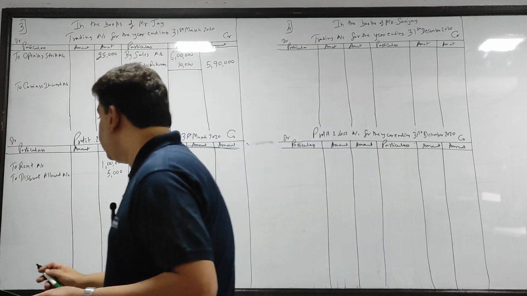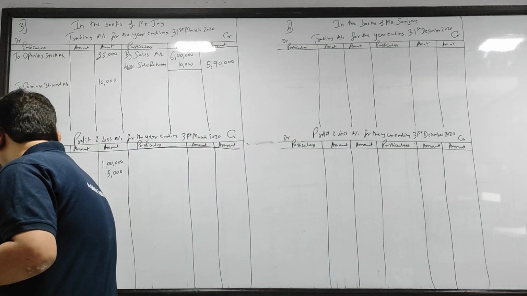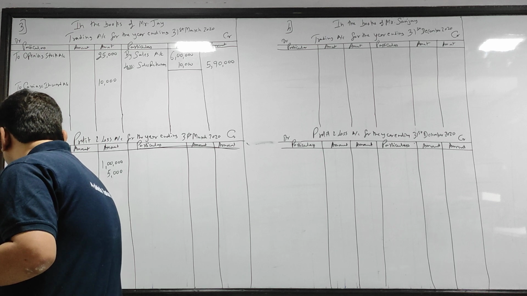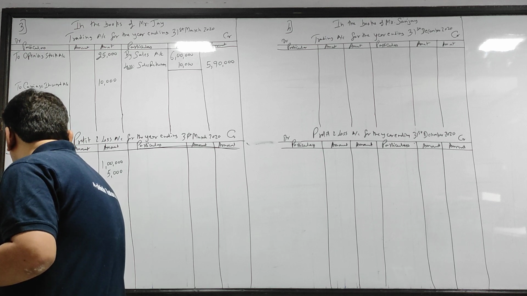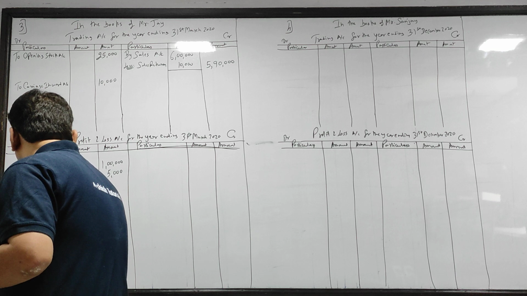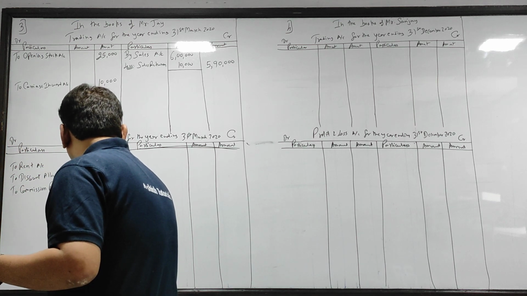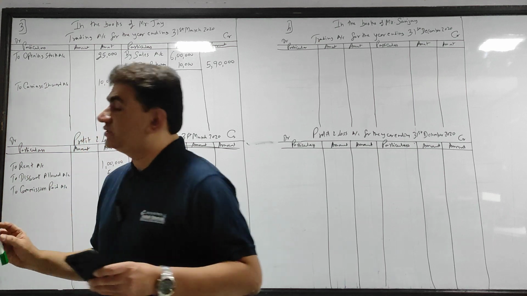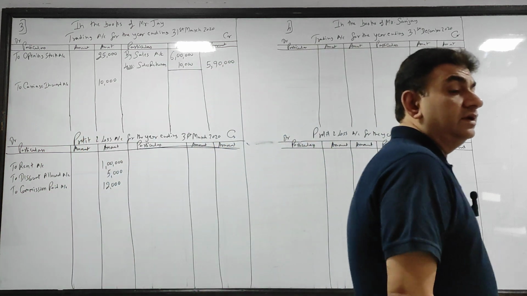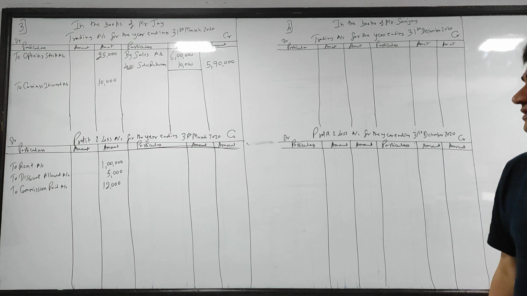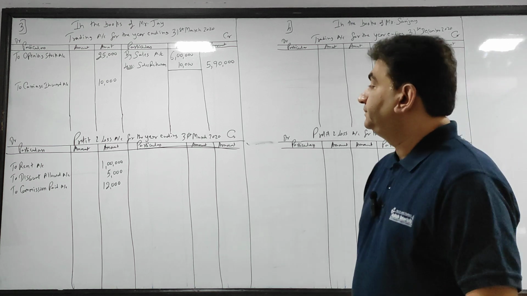But here only commission is given, so come to the debit side of P&L. Right there, to commission paid, or even if you write to commission account, that is fine. 12,000. To commission paid, that is 12,000.